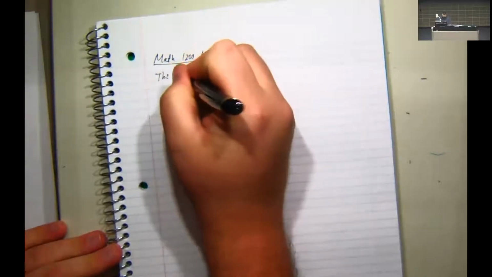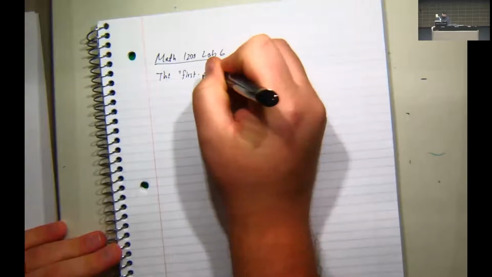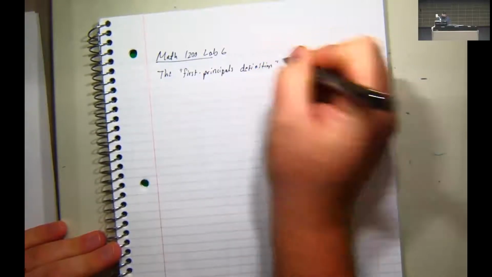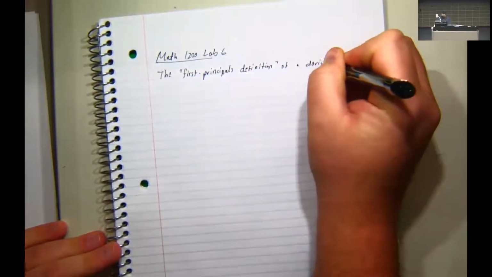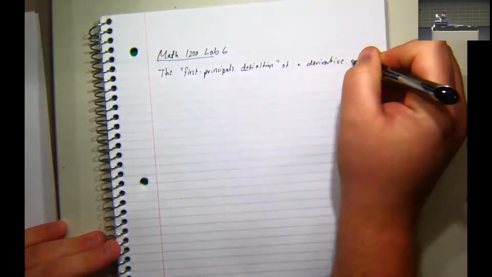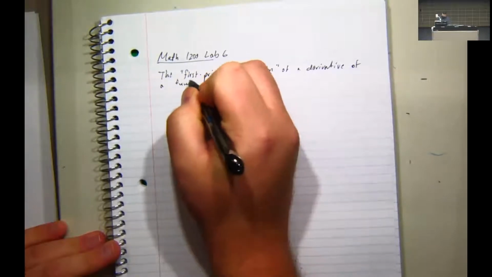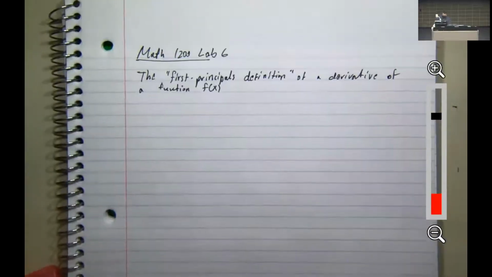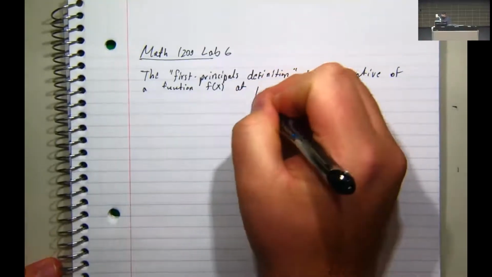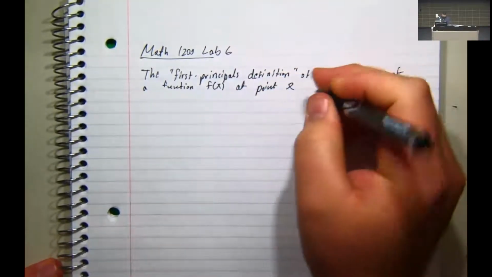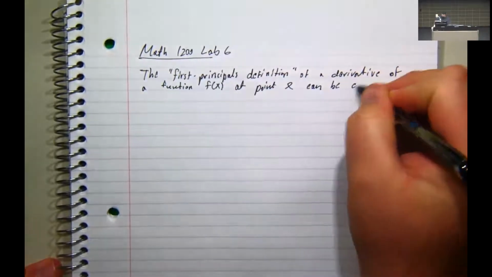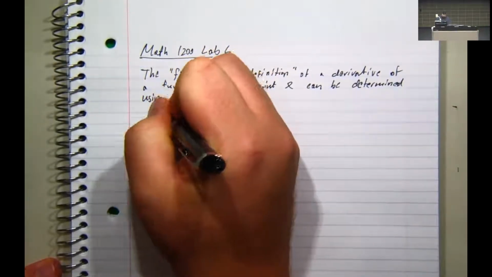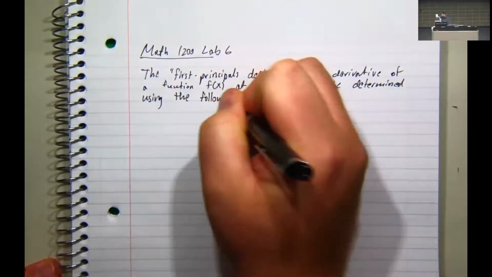So the first principles definition of a derivative of a function f of x at point x can be determined using the following limit.